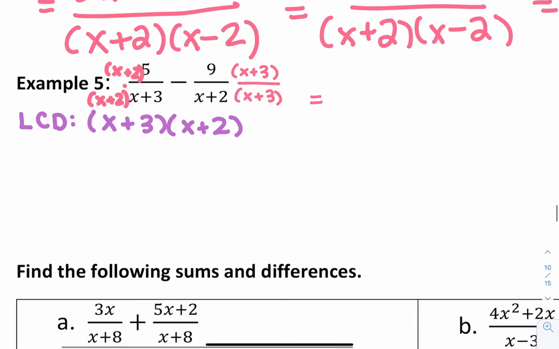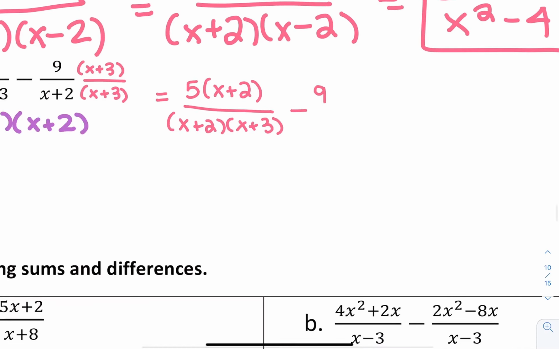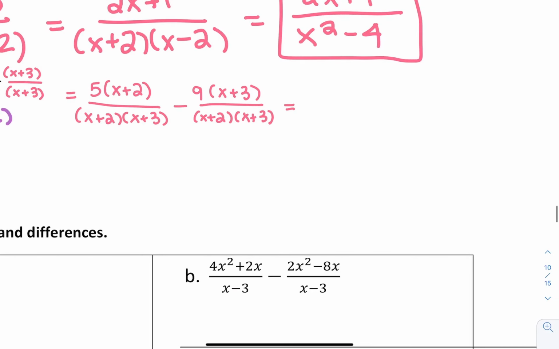Now let's see what we have. So I have a 5 times x plus 2 all over x plus 2 times x plus 3 minus a 9 times x plus 3 all over x plus 2 times x plus 3. Notice now I have the same denominator, so I can combine. When I combine, I'm also going to distribute these parentheses.